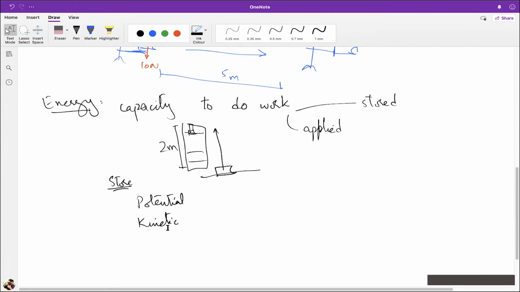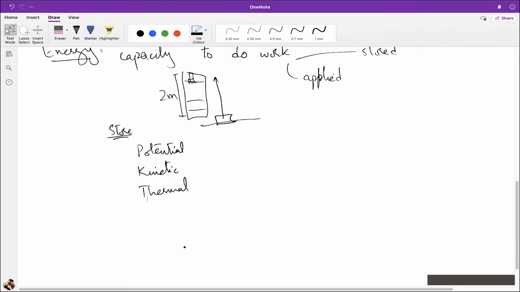By the time it stops moving, that store is depleted. It just goes away. Similarly, things that are hot store thermal energy in them. Now, this does not mean that store is always going to be there or is permanent. It can go away the moment the situation changes. So thermal energy is a store of energy.